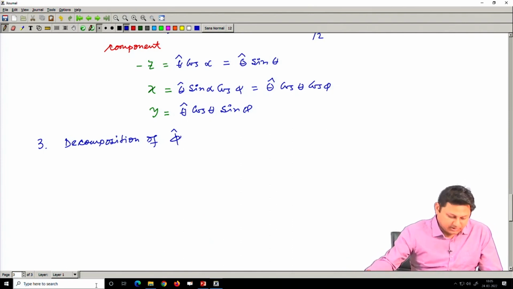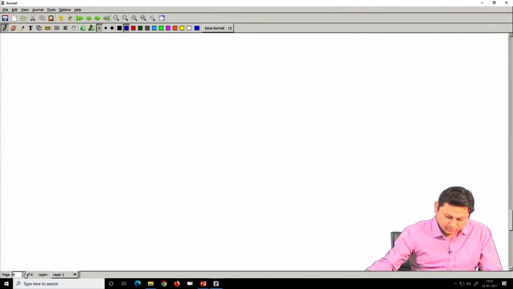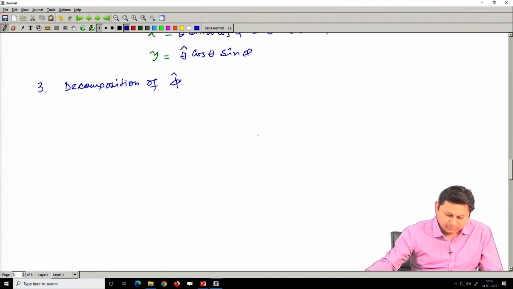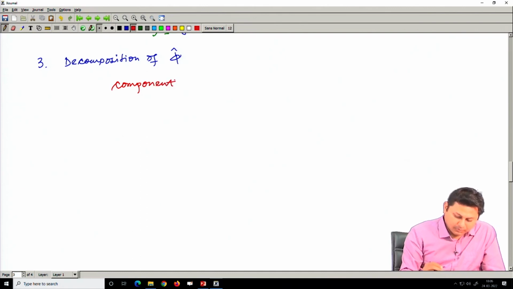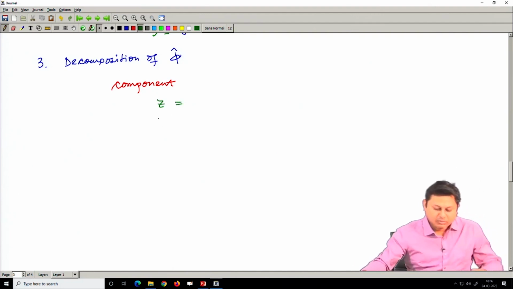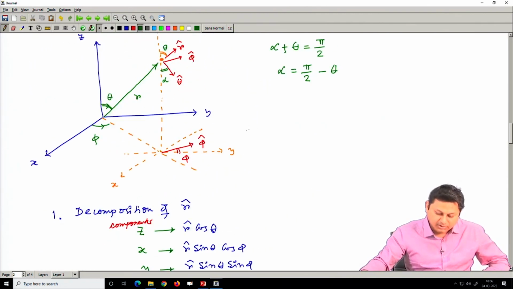Decomposition of the phi unit vector. Let us start with the z component. What is the z component here for the phi unit vector?